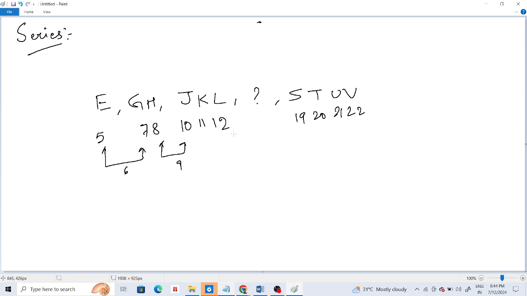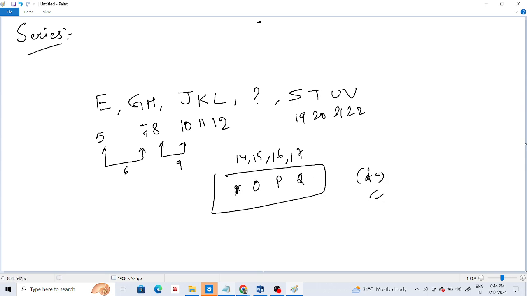That means we are missing one number and then moving by certain numbers. So 5, 6 removed, 7, 8, 9 removed, 10, 11, 12, 13 removed, 14, 15, 16, 17, 18 removed, 19, 20, 21, 22. So what is 14? 14 is N, 15 is O, P, Q. So this is the answer.